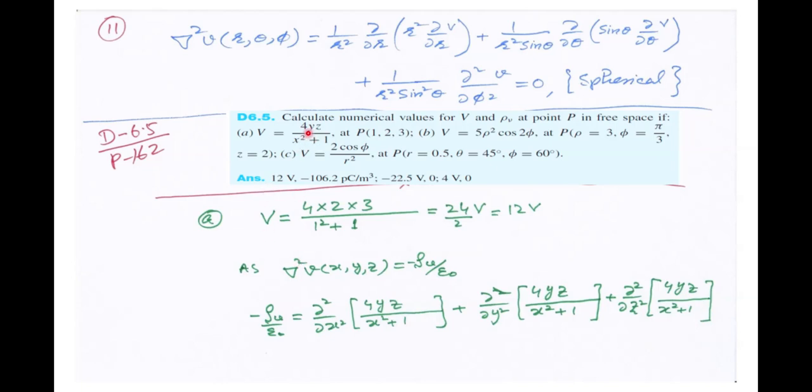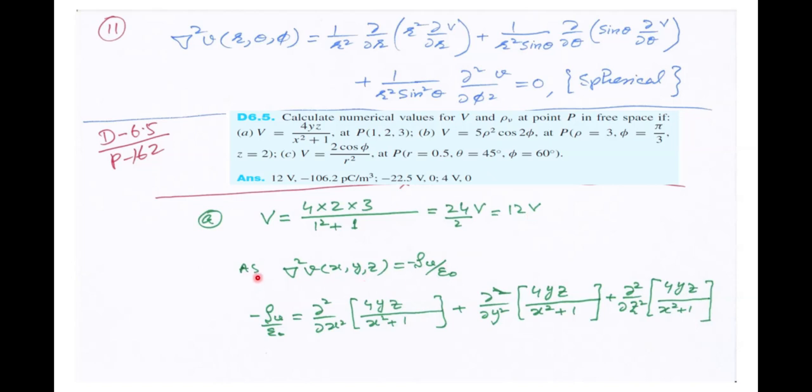In part A, we are asked to find the potential function value at this point. The coordinates of the point are 1, 2, 3. So replace x, y, z by their corresponding values of the given point in part A. We obtain 12 volt.